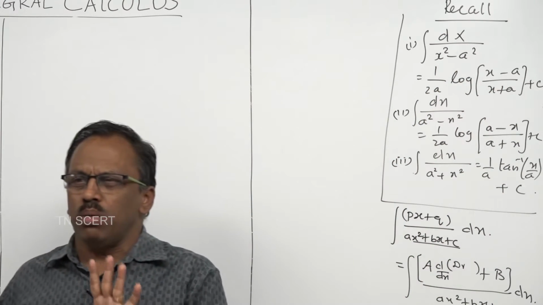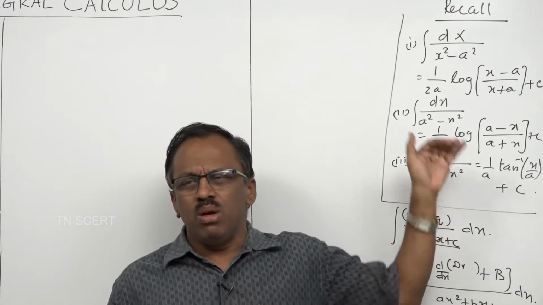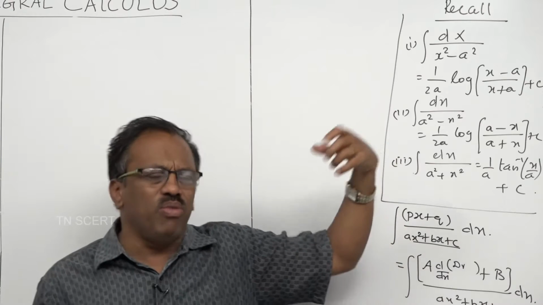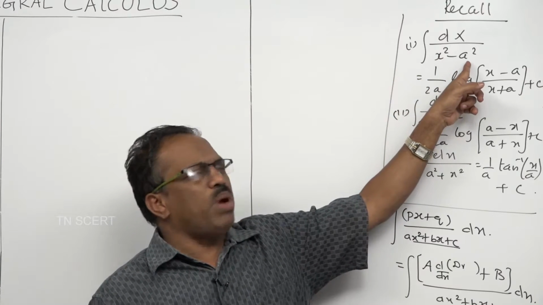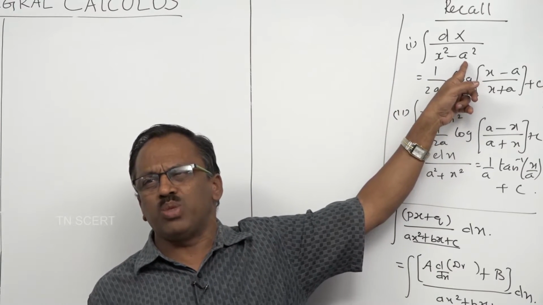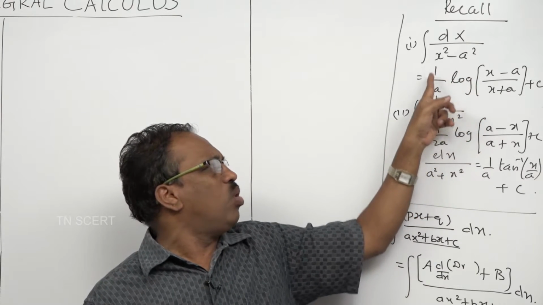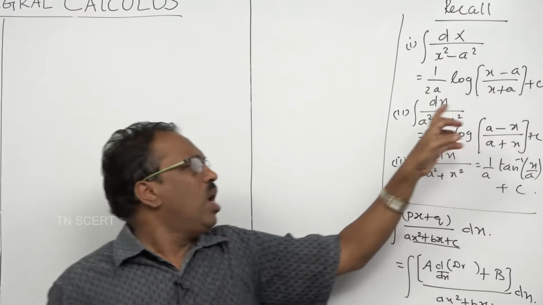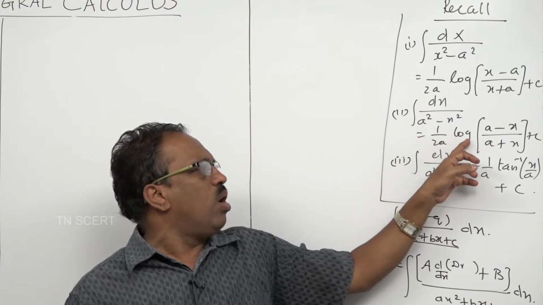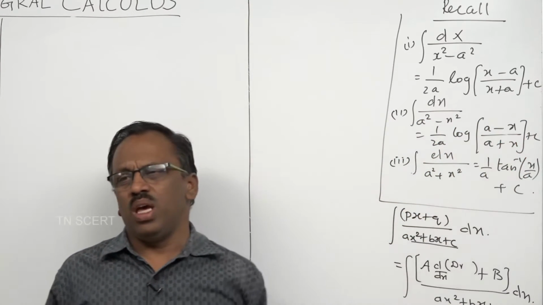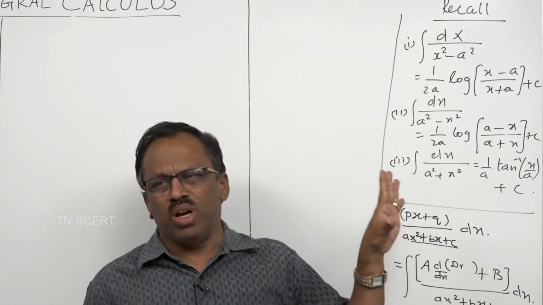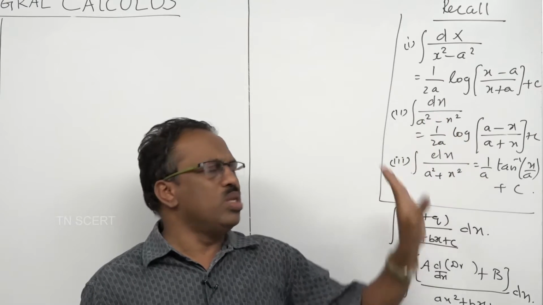So the only thing you should remember: plus means tan inverse, minus means log. Here, for x square minus a square, as you know the formula, x minus a, x plus a: 1 by 2a log of x minus a by x plus a plus c, and for a square minus x square, log of a minus x by a plus x. Like this we can do the sum. Any kind of problem, whenever you happen to notice one, you do this process.